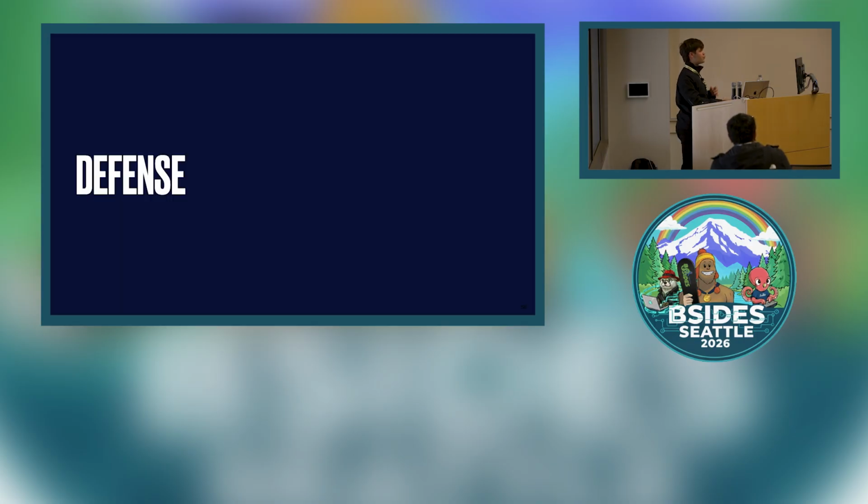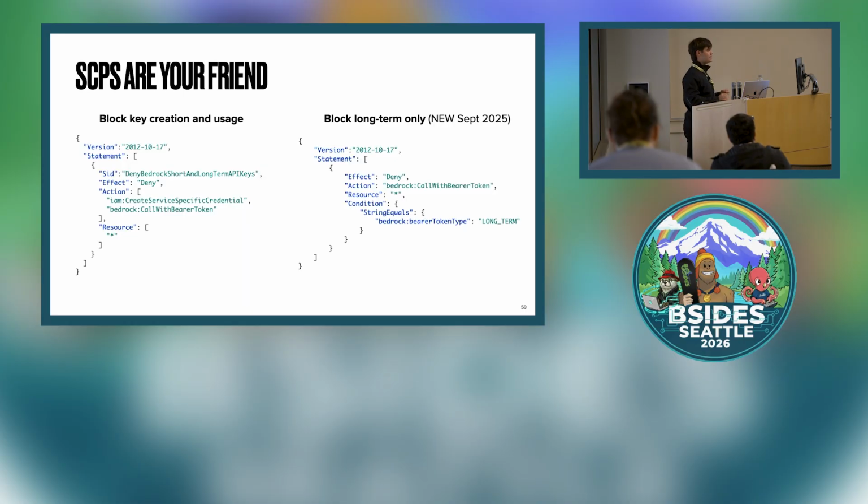Now, in order to prevent and defend against this, SCPs are your best friend. So if you're not using Bedrock API keys yet, or your company hasn't approved the Bedrock API keys yet, I suggest deploying this SCP to block every single key creation and usage of the Bedrock API keys.